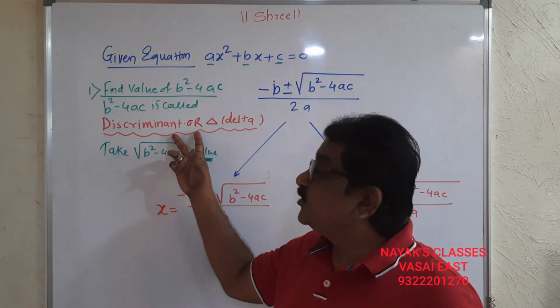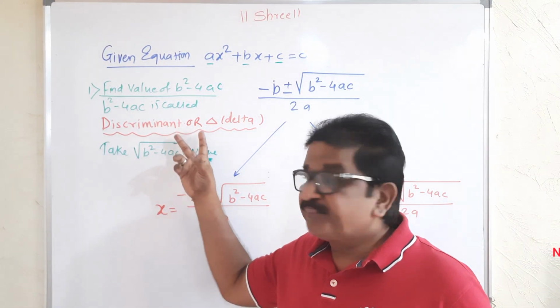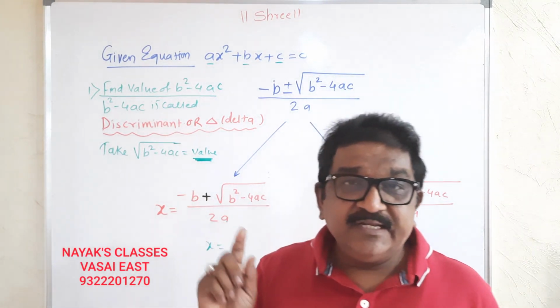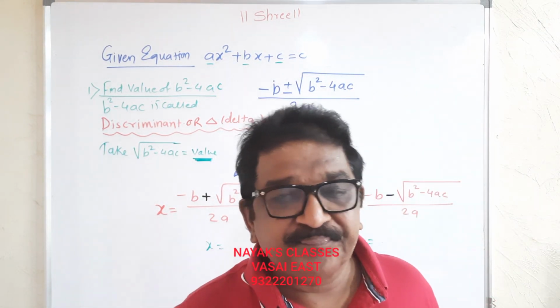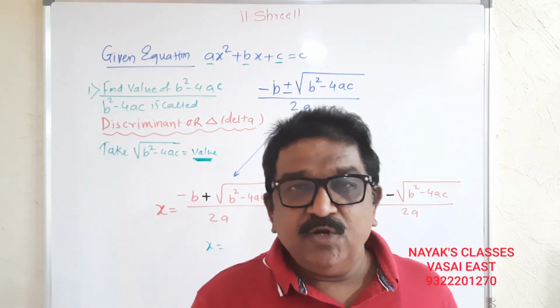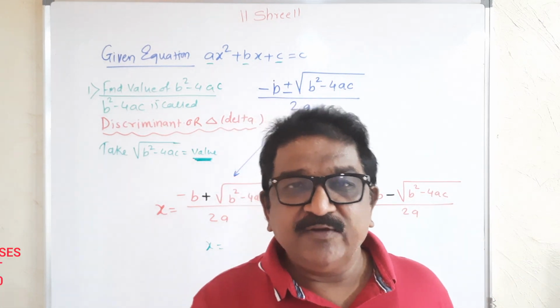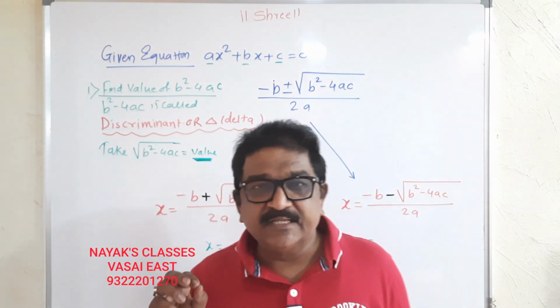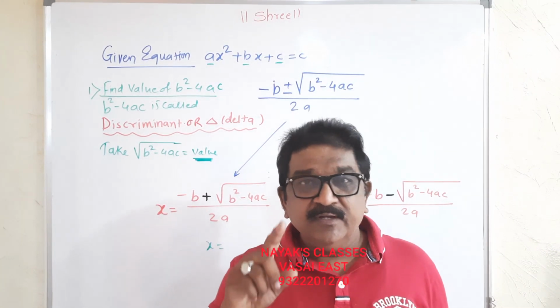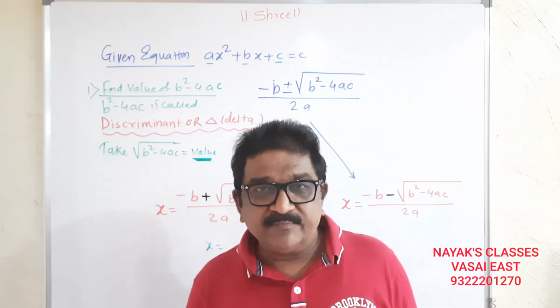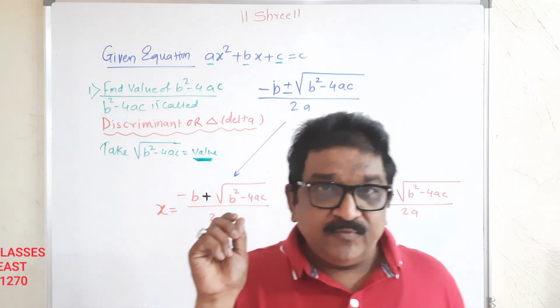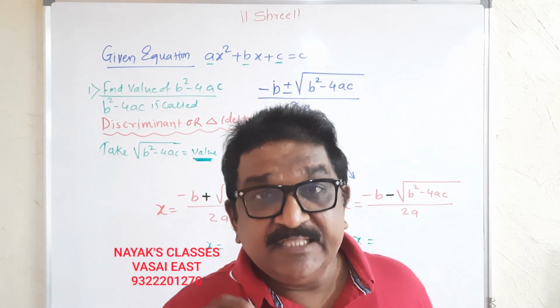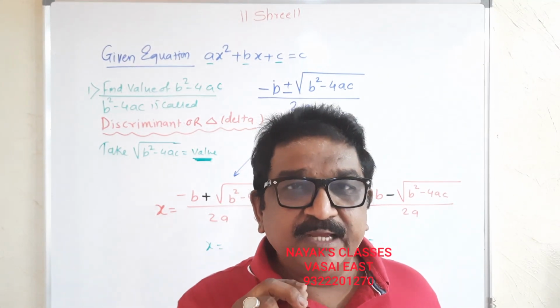So once you get the discriminant's value, if the value of discriminant is negative, check one more time.